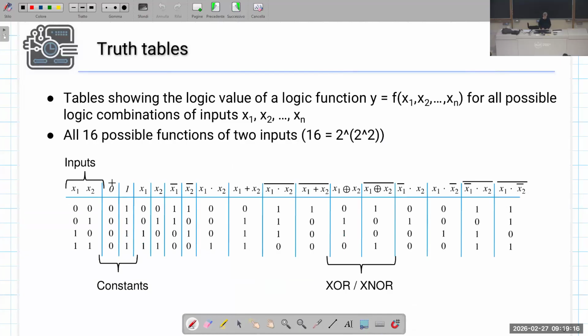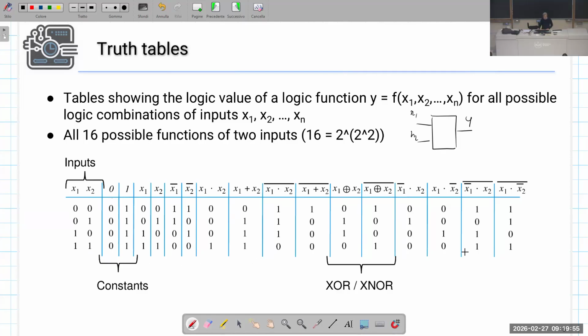Using this formalism, if we consider any possible combinational function with two inputs, x1, x2, and one output y, it can be shown that considering all the possible ways to associate the values of the outputs to the combinations of the inputs, basically we have to set these four values for each specific input.